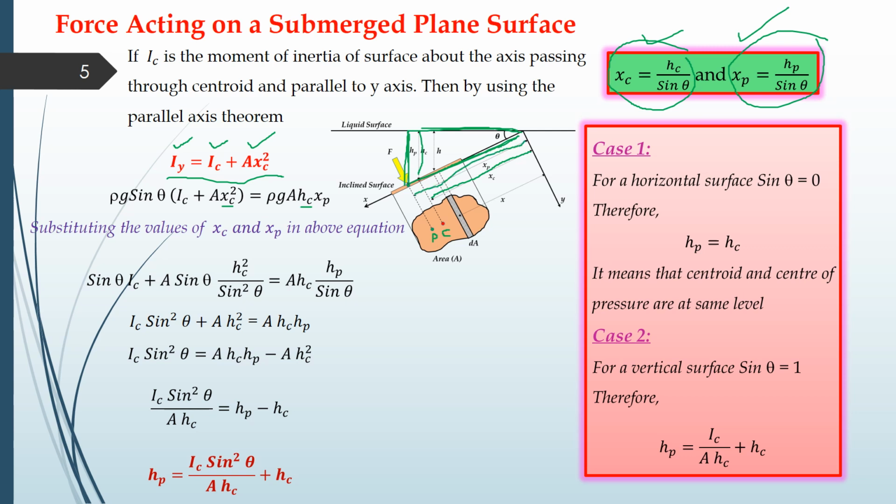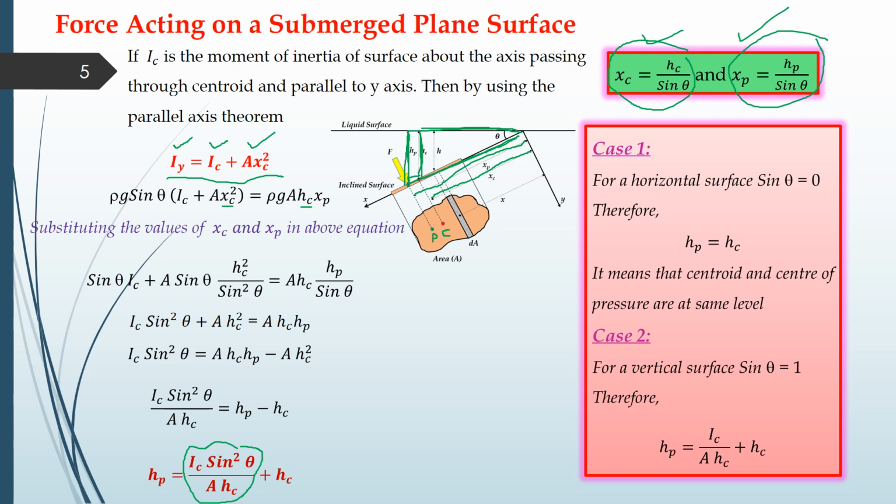So hp is basically hc plus some addition, and that addition is Ic sine squared theta divided by A divided by hc.